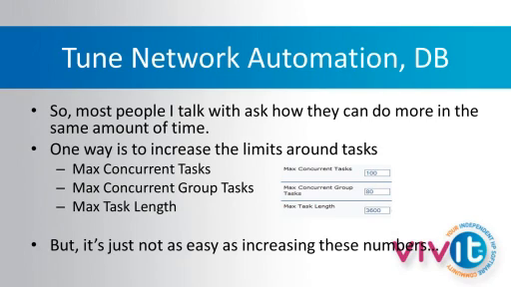The numbers that you see here are actually what we've increased ours to, but the defaults are much smaller. It's very tempting to go in and say, oh, well, we need to be able to do 1,000 tasks all at the same time.